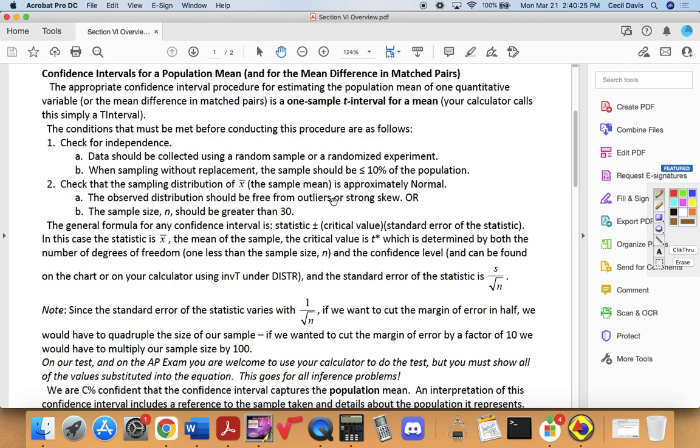Well, for this one, you've got to either have a random sample or a randomized experiment, or, and this came up a lot in your book, and I don't know how much this comes up on the AP exam, you have to have a sample that you believe would be representative of the population. They do say that. Yeah, there's a lot of questions about it. And I couldn't find that it said that anywhere in the information from College Board. So that may be a difference.